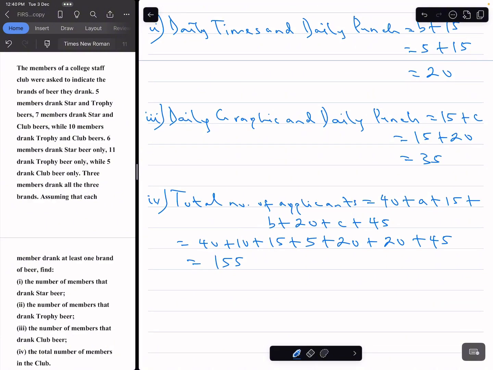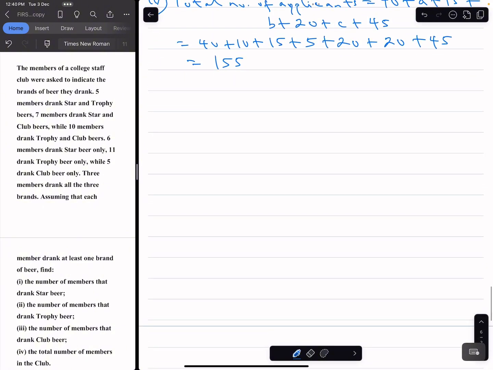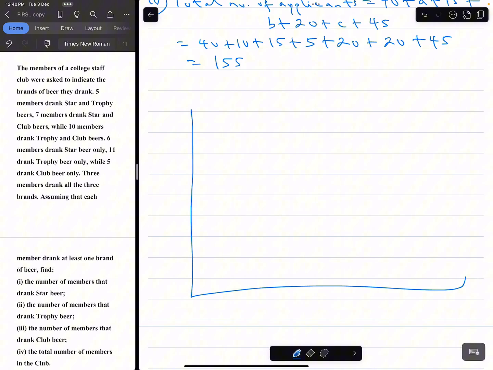The members of a college staff club were asked to indicate the brands of beer they drank. 5 members drank Star and Trophy beers, 7 members drank Star and Club beers, while 10 members drank Trophy and Club beers. That means there are 3 brands: Trophy, Star, and Club. This is the universal set.